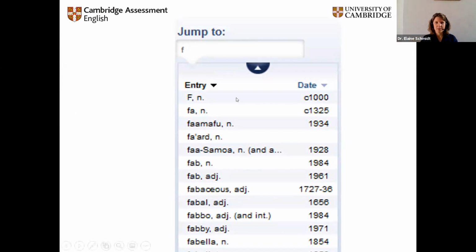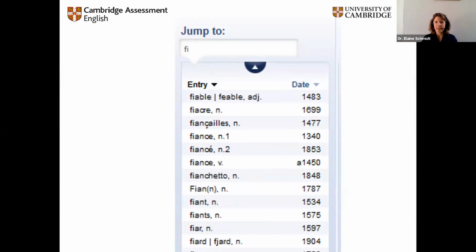Now here you can see this is actually from a dictionary, so you have some nonsensical entries at the beginning, but here you start with fable, fabo, fabi, and so on and so forth. So you have any kind of entry that starts with the sound F. Then the next sound comes in, I, and you can see that the list now is already a bit reduced. You start only with ones that actually start with these two sounds.